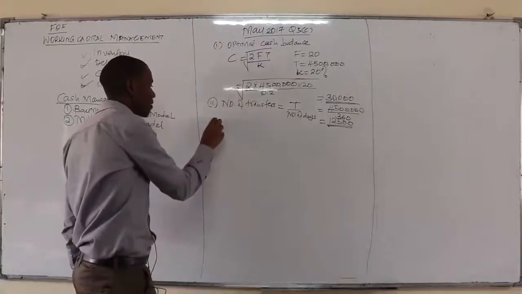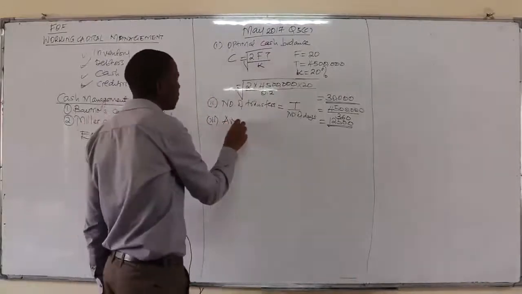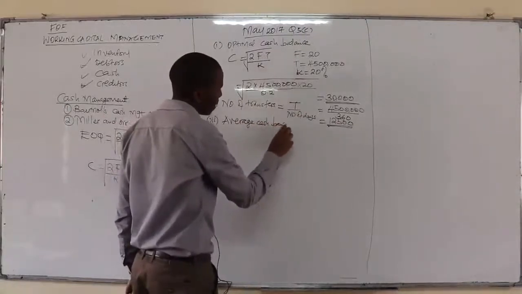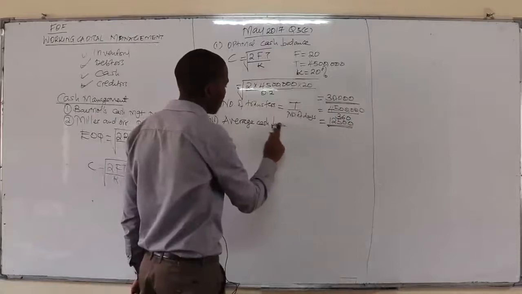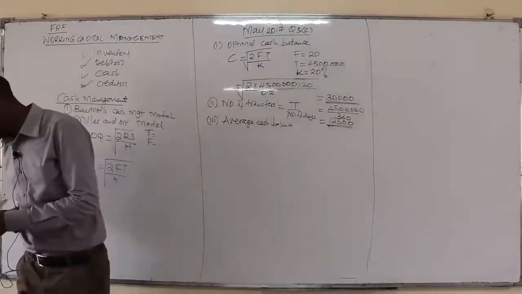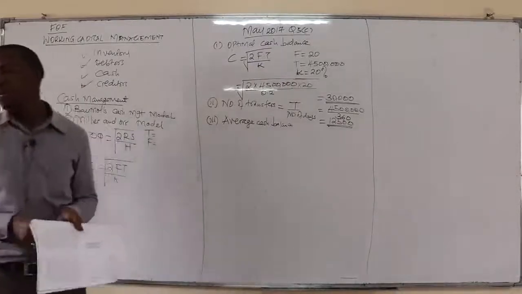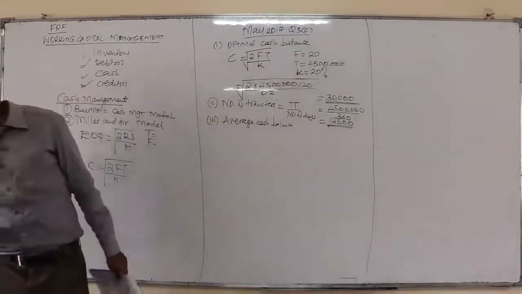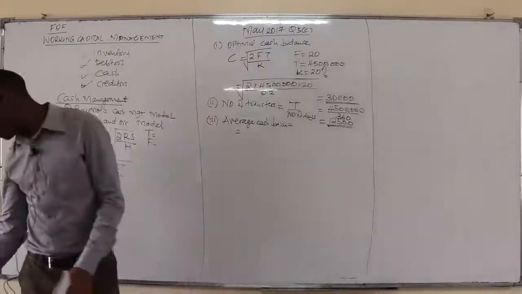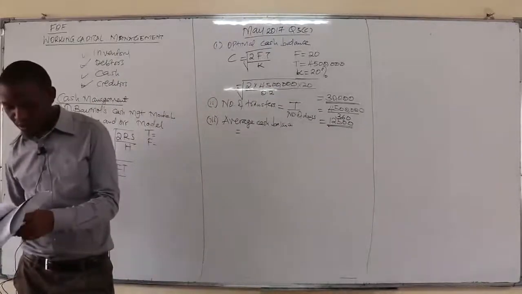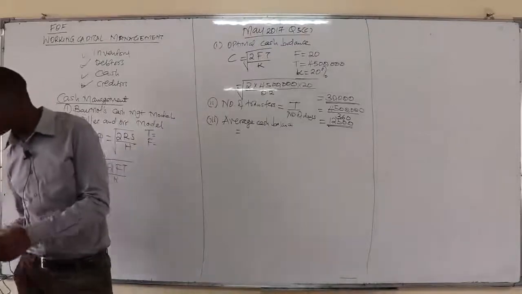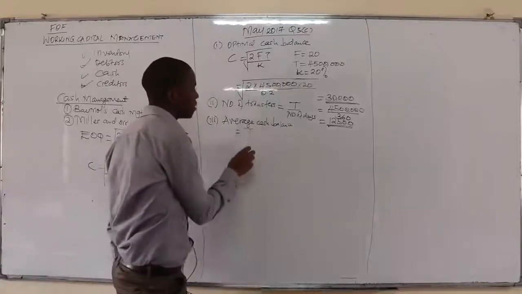Then Roman number 3, they may also ask you the average cash balance, of which I think they have asked. The average cash balance will be given by the total.